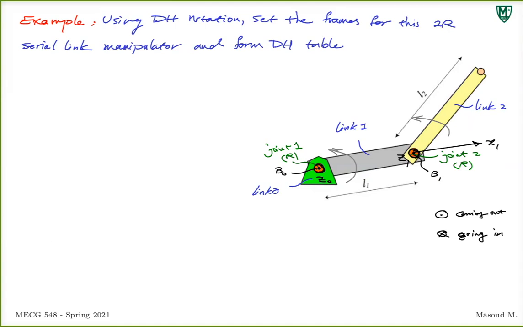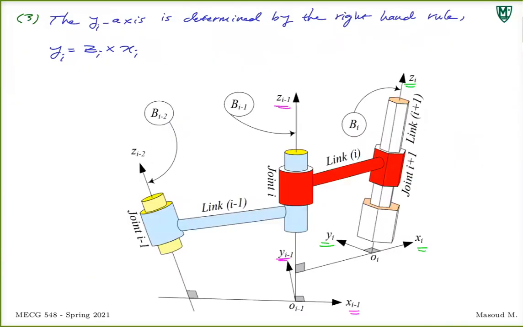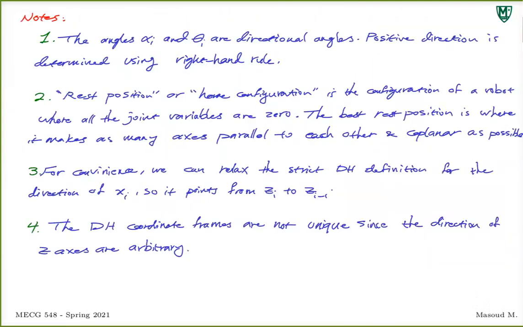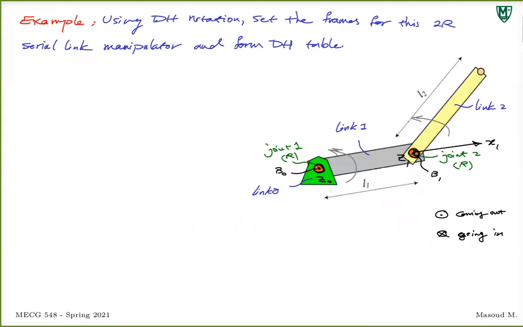Once you know your X1 and Z1, you're still on frame 1, you go to the third rule, which says the y-axis is the cross product of Z and X. So y1 is z1 cross x1. Right-hand rule for a cross product: four fingers along the first vector, z1, then bend them toward the second vector, x1.